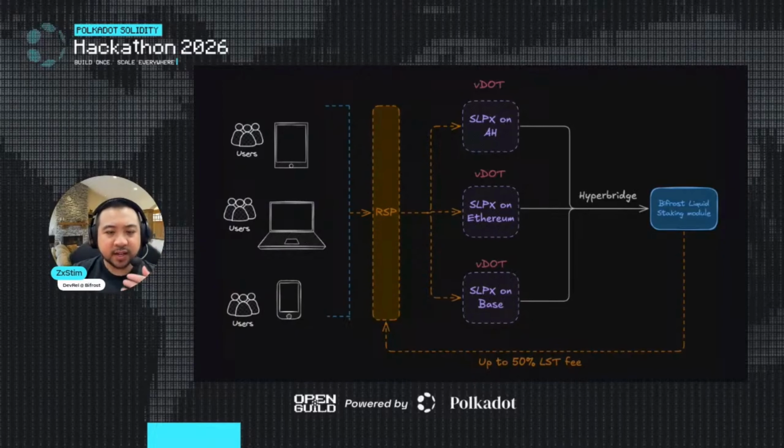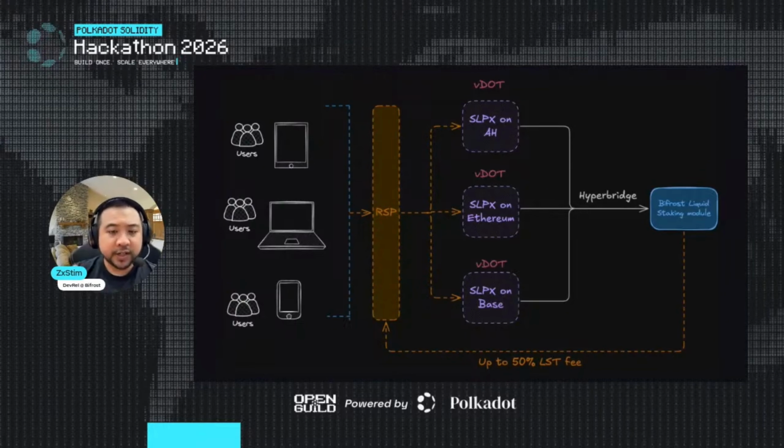For general purpose chains like Asset Hub, we would have a contract called SLPX deployed on there, and this SLPX contract would act like a relay or outpost contract for users on those chains to interact with.